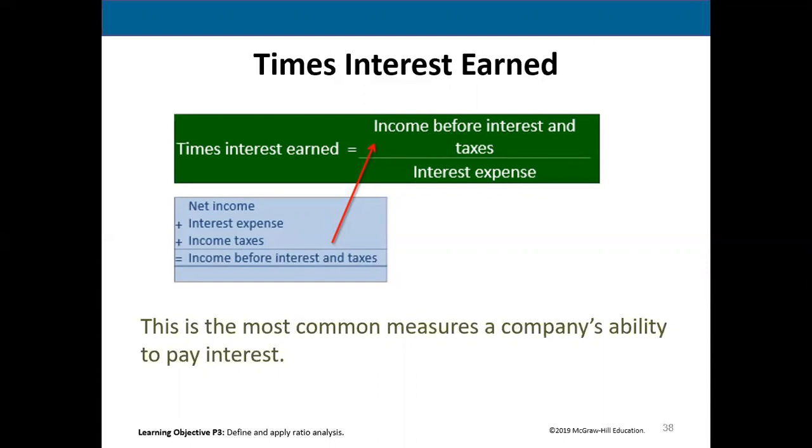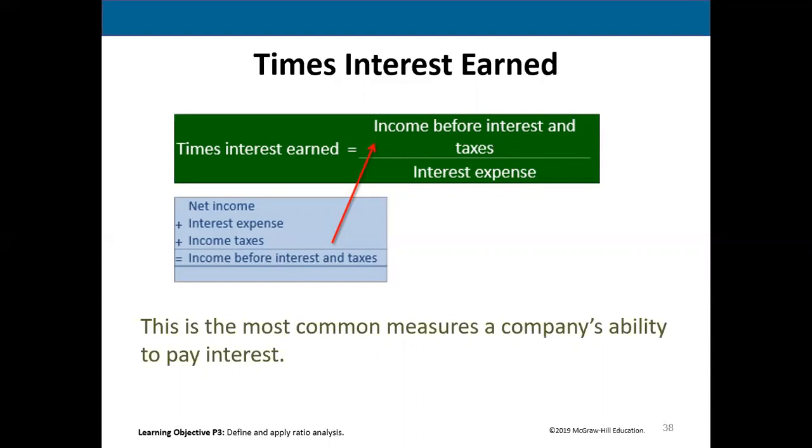They have to be able to make it through their operations. So the more times a company could pay their interest, the more likely they will. Apple can pay their interest 28.6 times from their normal operations. So it appears that they'll be able to pay off their debt.